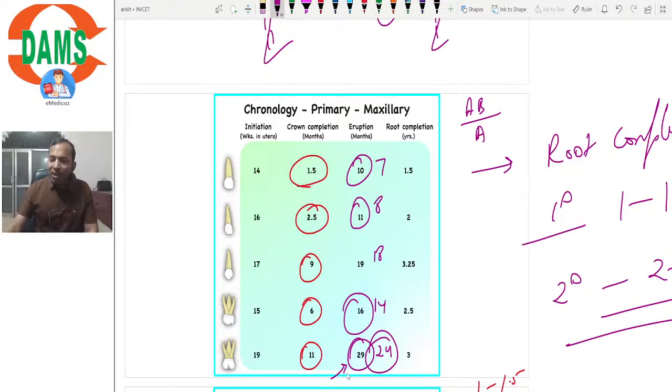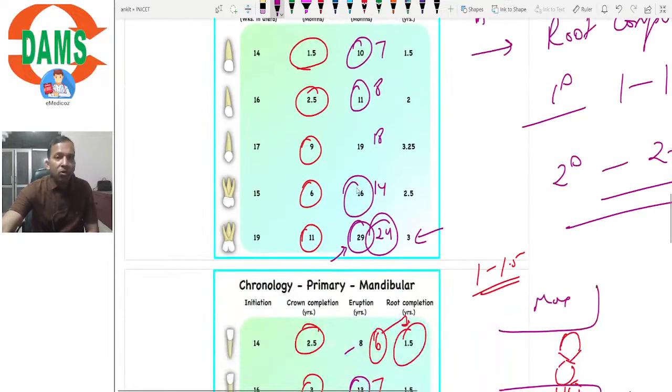So eruption dates have changed, but as you can see that the root completion dates are still calculated from the older dates. तो जो older eruption date थी उसके हिसाब से कैलकुलेट हो रहा है। तो क्या मतलब हुआ? केवल eruption डिले हुआ है, रूट फॉर्म मतलब टूथ फॉर्मेशन जो है वो डिले नहीं हो रहा है। So that there is a delay in the eruption of primary teeth, but there is no delay in the formation of primary teeth. Is it clear?